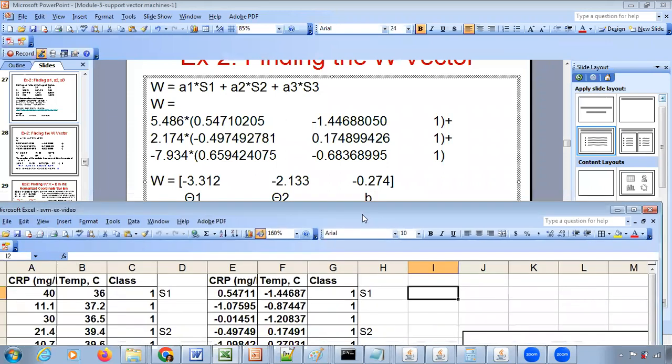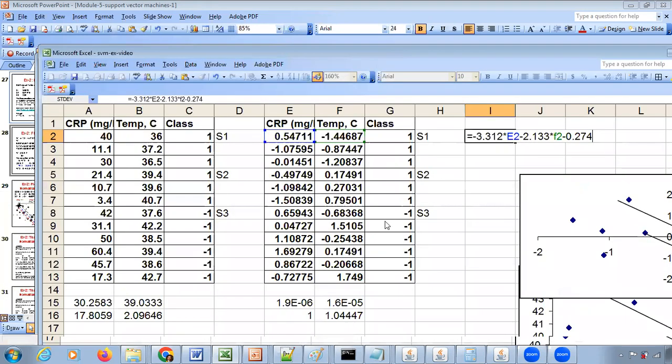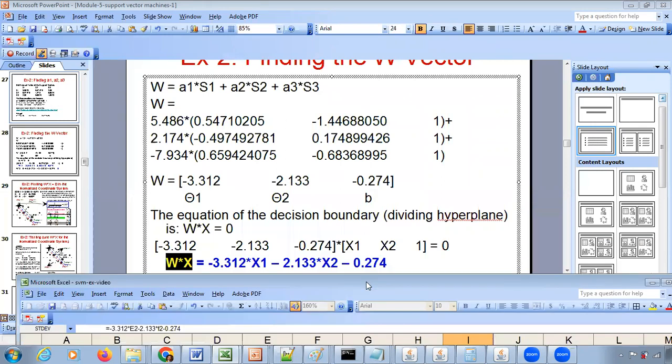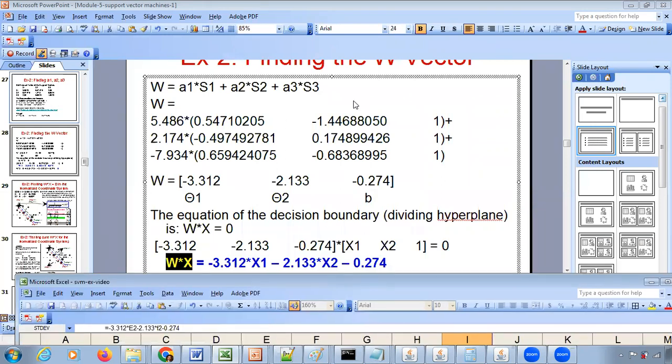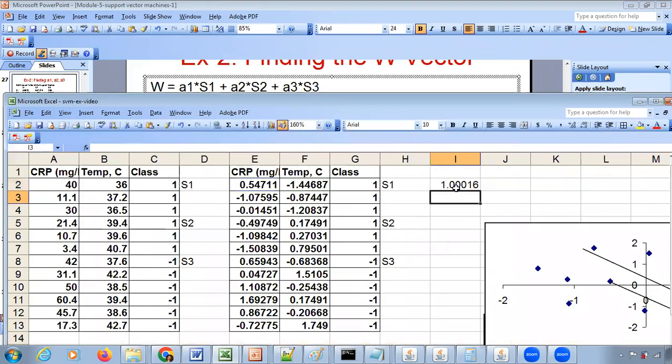So equals theta 1 times x1. So minus 3.312 times E2, which is that cell, minus 2.133 times F2 minus 2.74. So that's B times 1, right? So this is the equation that I just typed. So press enter. We get 1 because that's what is expected, because we have used the data points as a support vector.